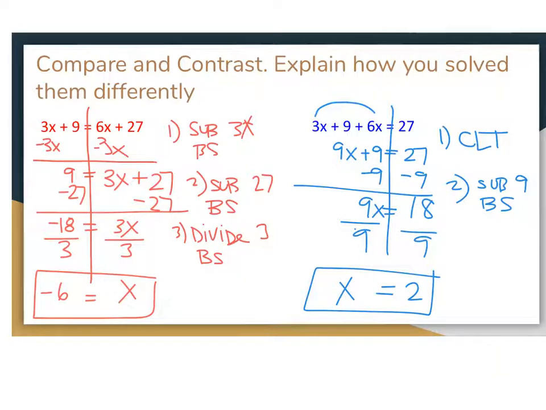So you subtract the constant to make a zero pair. Then our third step was to divide by 9 on both sides to get x by itself, to solve for x. So you can see similarities and differences between the steps.